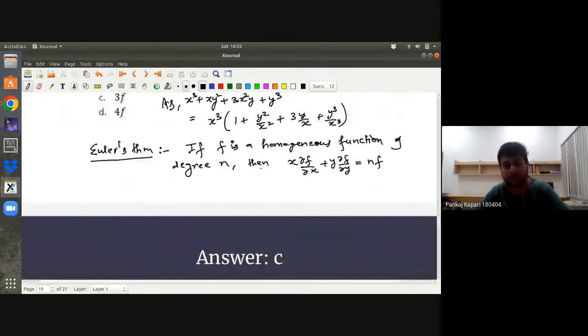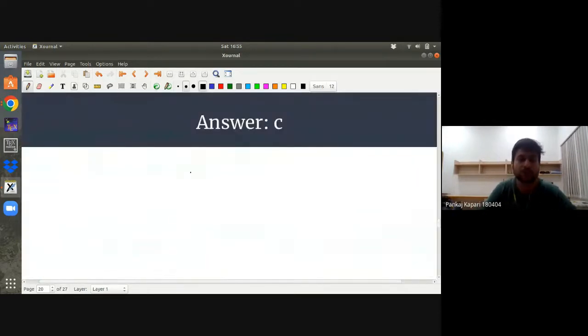Now, for us, the given function is homogeneous of degree 3.